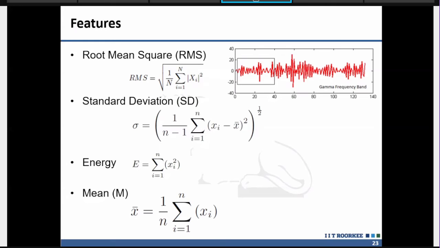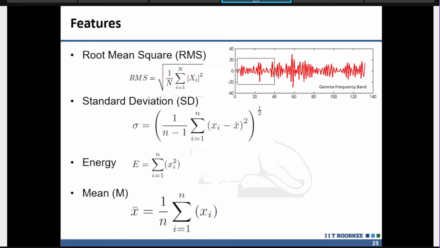So you cannot say that features like root mean square or standard deviation are good for every application. For some applications root mean square or standard deviation would be good, and for others, like epileptic seizures or emotion understanding, maybe the mean or energy features will be good.